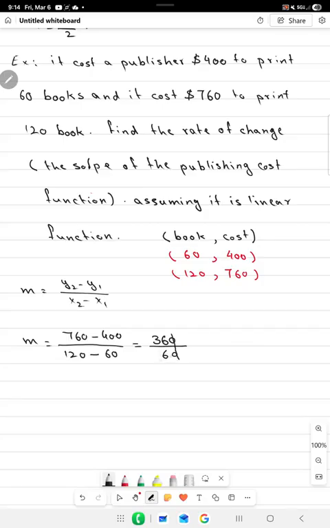If you reduce, it gives you 6. What is the 6? This is $6.